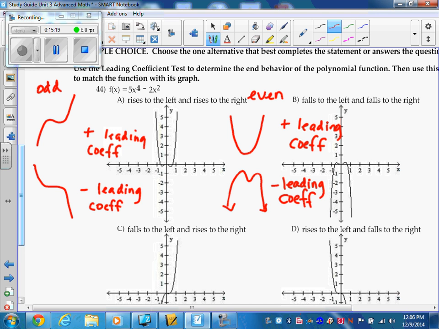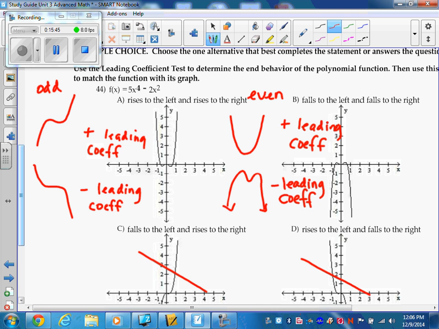So pretty basic stuff. But you can see that the one in question is going to have a fourth degree. So it is going to start up and end up. So it couldn't be this one, and it couldn't be this one because those are both odd functions.